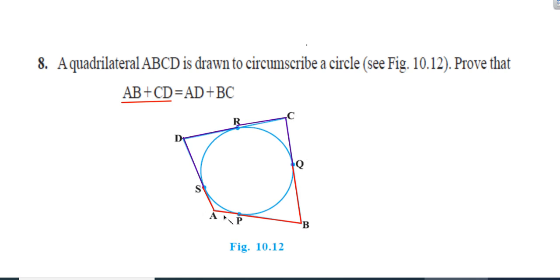Now regroup it to get AP plus PB plus DR plus RC on one side and AS plus DS plus BQ plus CQ on the other side. Now AP plus PB you can take as AB, DR plus RC you can take as DC. Do it. You will get AB plus CD is equal to AD plus BC.